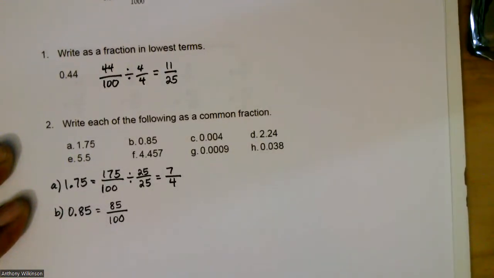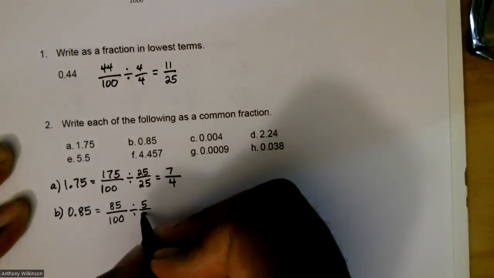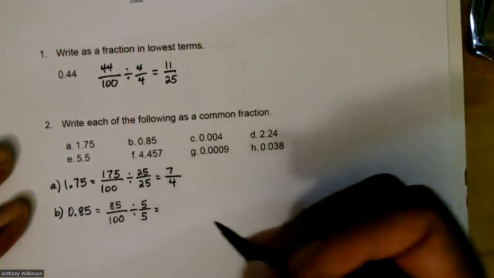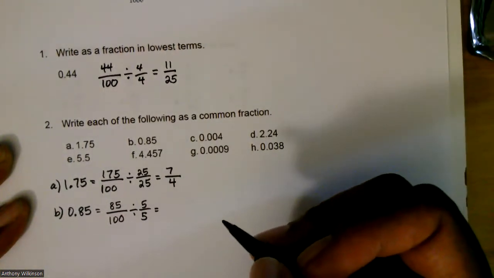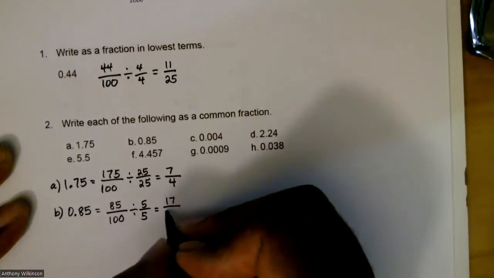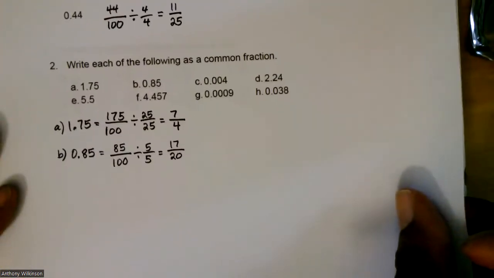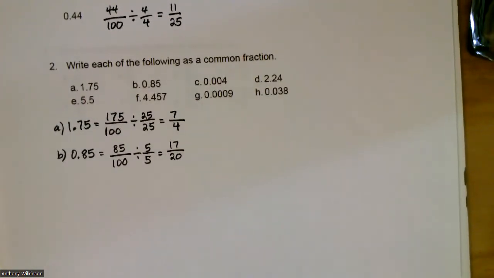So that's over 100. And in simplest form, we need to divide the numerator and the denominator by 5, because I know 85 and 100 are multiples of 5. 5 goes into 85 17 times. 5 goes into 100 20 times. So it'll be 17 over 20 for 0.85 as a simplified fraction.